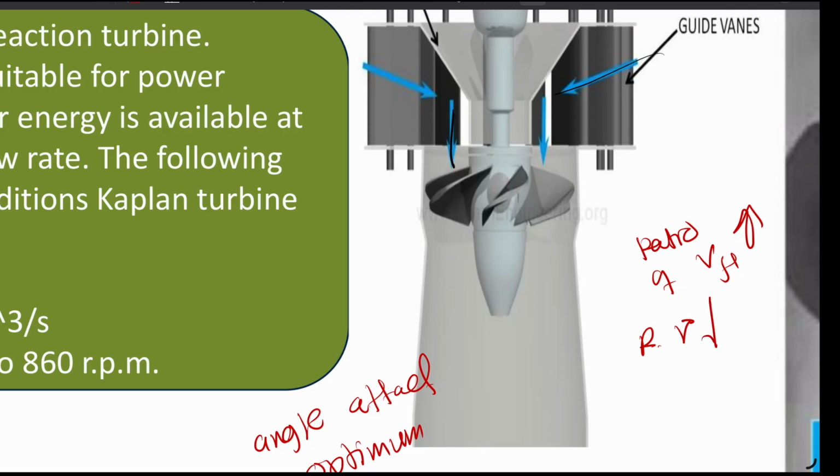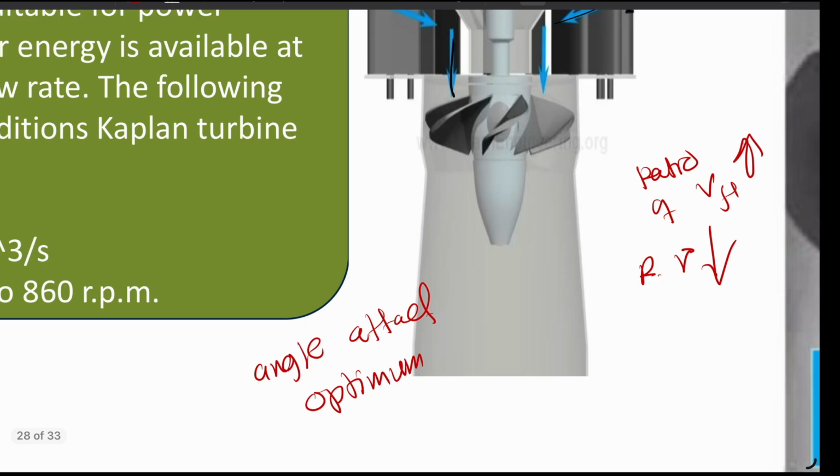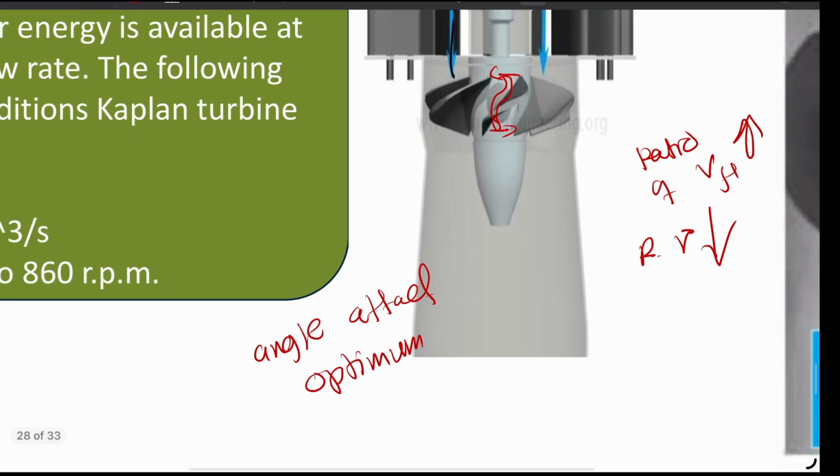Since we know the blades are adjustable, we can adjust the blade in a vertical direction as well. It will move a little bit further and be placed like this. The placing of the blade will be vertical depending upon the maximum ratio of the flow velocity.